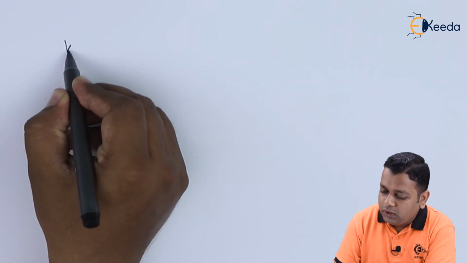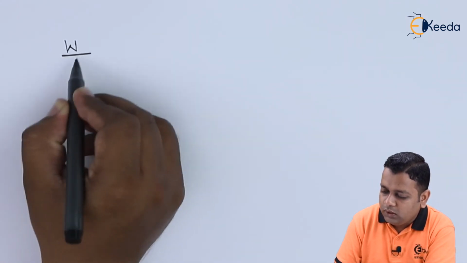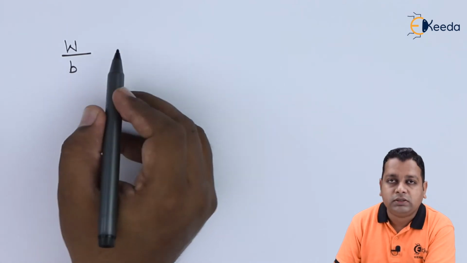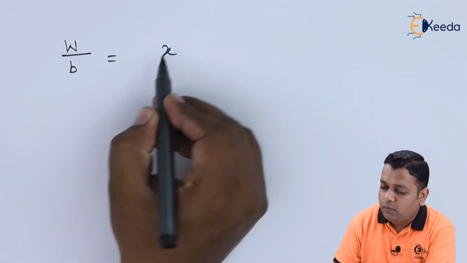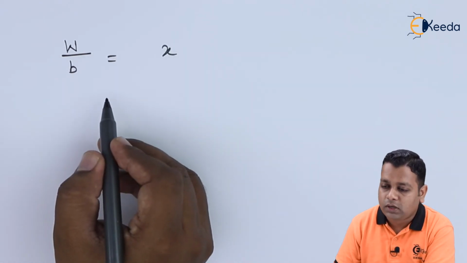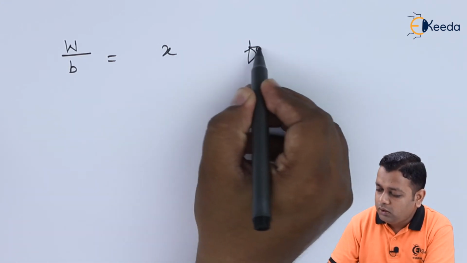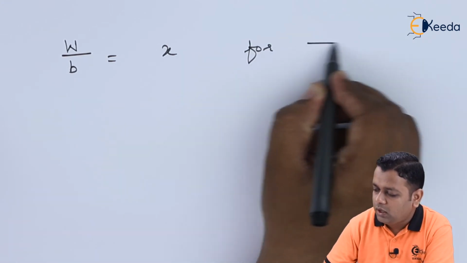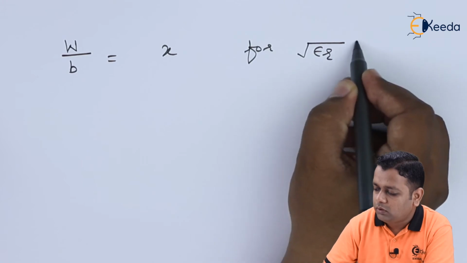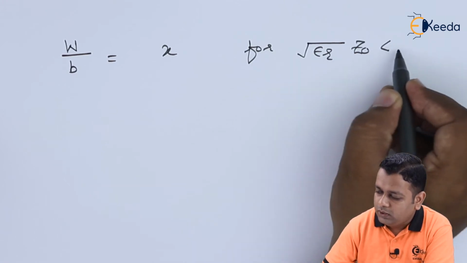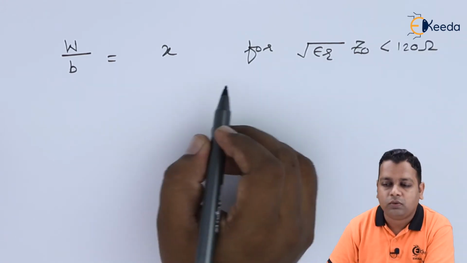This calculation we have made in regard to the ratio W by B, because we have the formula from the previous video. We know W by B is equal to the value x we just computed, provided that square root of epsilon r into z0 is less than 120 ohms.